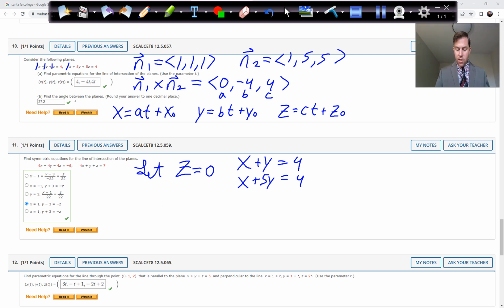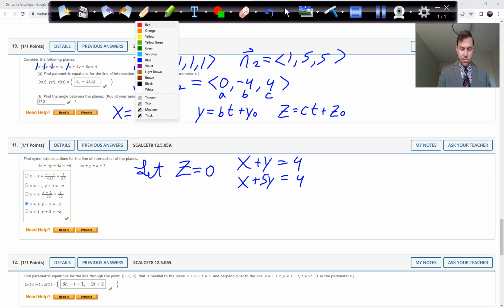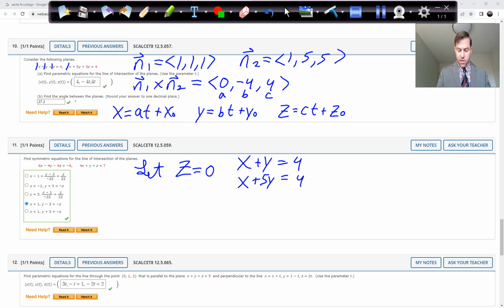And what you can do is you can say, all right, let's subtract the second equation from the first. You'll get x minus x, so x goes away. You'll get y minus 5y, which is minus 4y, equals 4 minus 4, which is 0. And the only way some number times y equals 0 is if y equals 0.